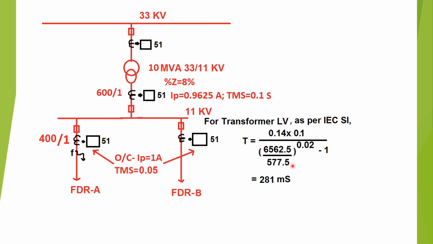Here PSM is fault current divided by pickup value. Here the pickup value is 0.9625 ampere in terms of secondary value, or 577.5 ampere in terms of primary value. So trip time is 281 millisecond. So after 281 millisecond, the relay will send a trip signal to the breaker.